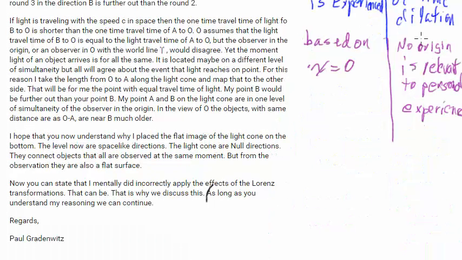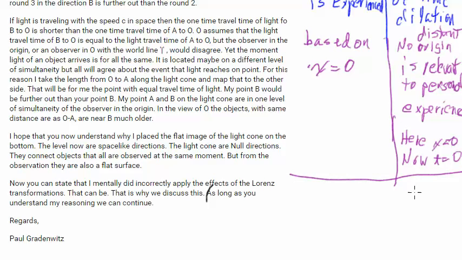Well, actually, no distant origin. Your experience is based on your here, which is x equals 0, and your now, which is t equals 0. So it is based on that here and now experience.